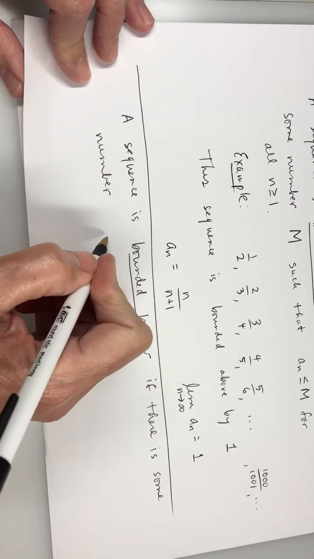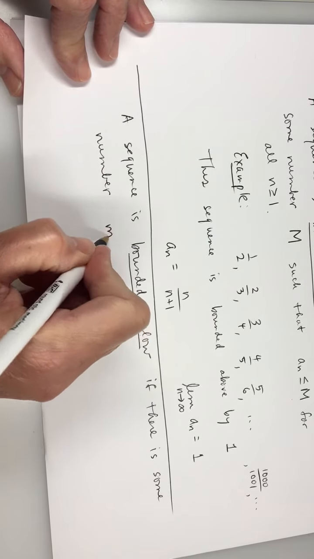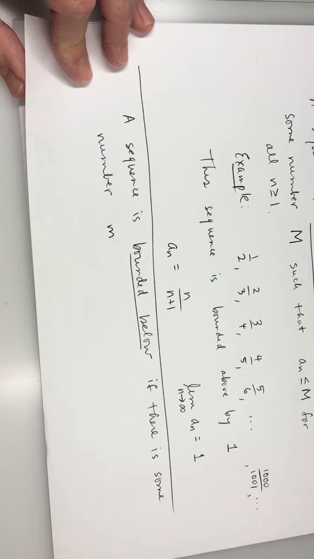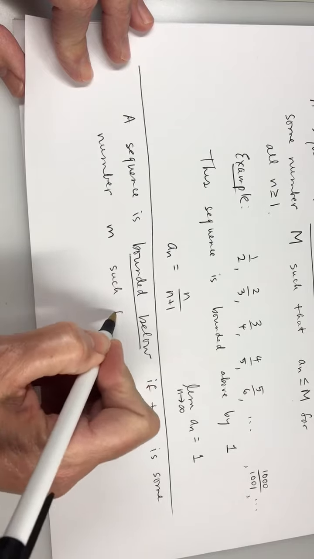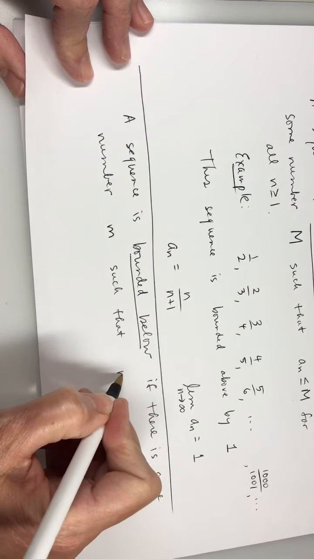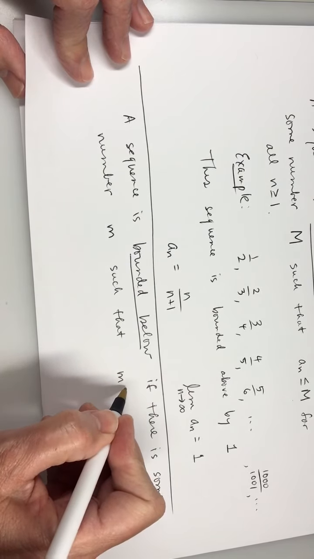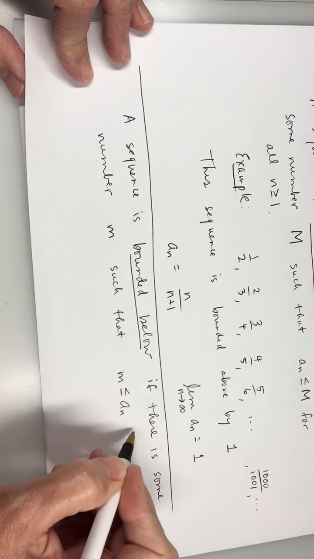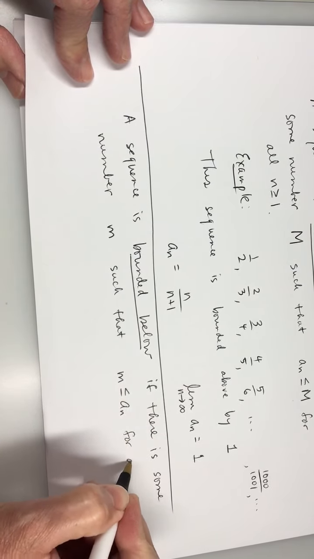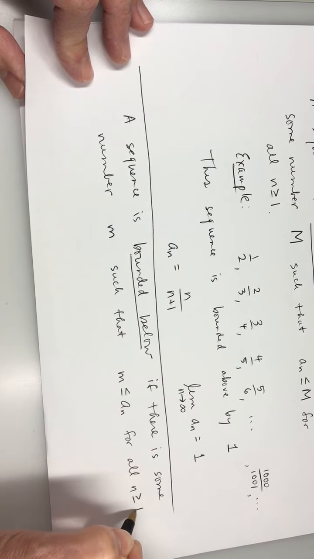This time they use a lowercase m for below. If there's some number, lowercase m, such that lowercase m is less than or equal to a sub n for all n greater than or equal to 1.